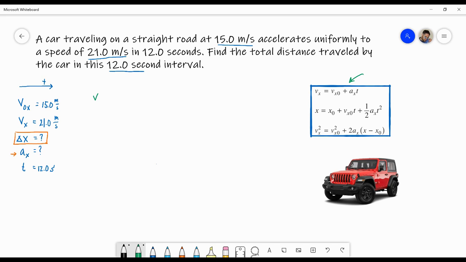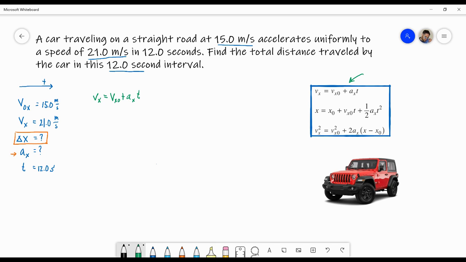So I have Vx equals Vx0 plus AxT. And this is a point where many students would say, oh, I'm going to start plugging in numbers there. But I'm going to say hold off and let's solve for acceleration first, and then we'll plug in numbers afterwards.